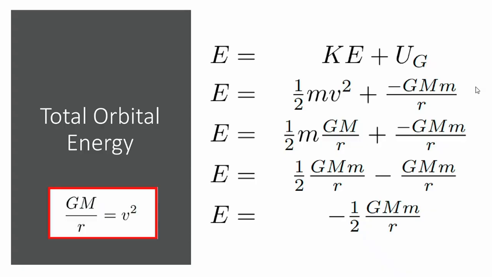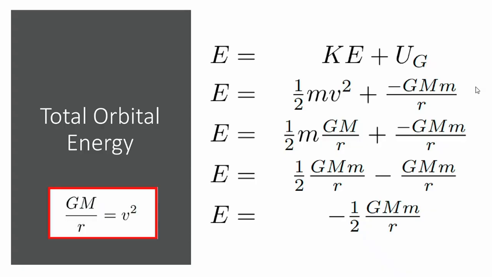And if we remember from the very beginning of lecture when we talked about centripetal acceleration, we came up with this relationship between the velocity of the Earth going around the Sun, the mass of the Sun, the radius of Earth's orbit, and G, which is the constant. So let's plug that back into this equation for kinetic energy.